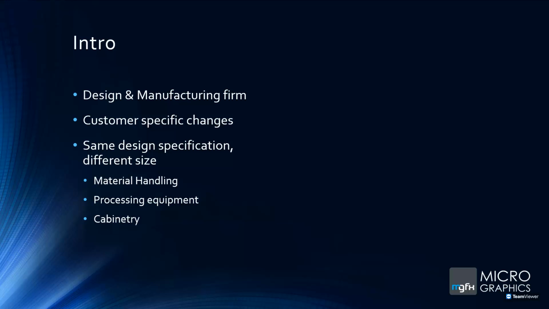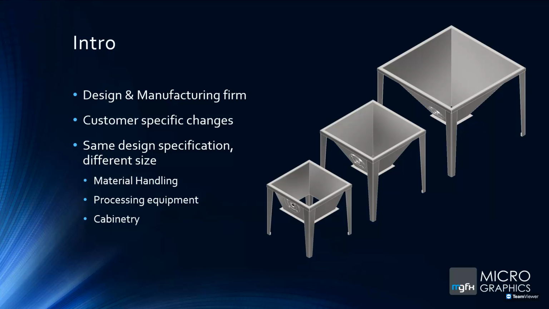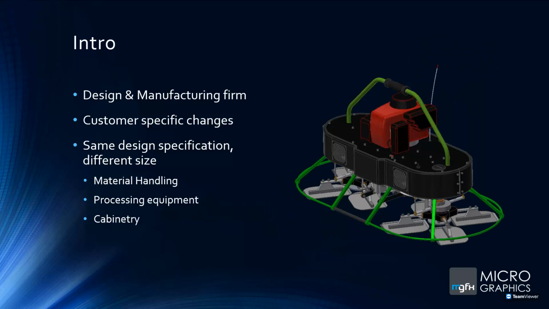I've just got 3 examples here for this, basically where we could see this type of workflow being used to save time in redesigning. And the first one we're looking at is material handling. Here basically we've got 3 different size hoppers, slight changes in each of them, and every time that hopper is reused for a different customer, there may be a different customer specification for that.